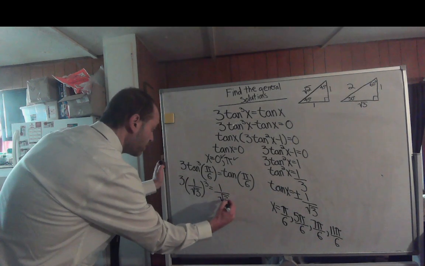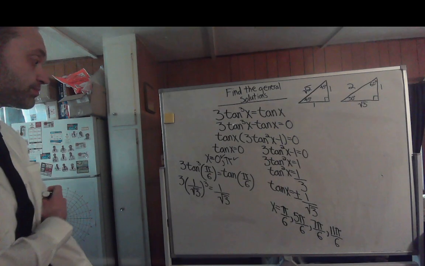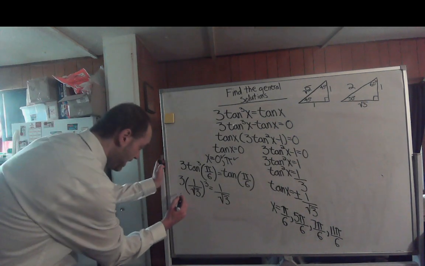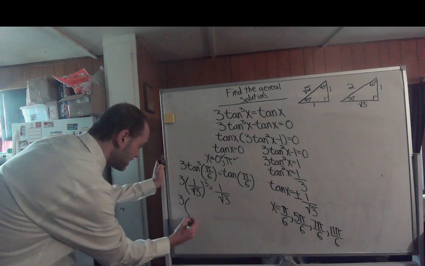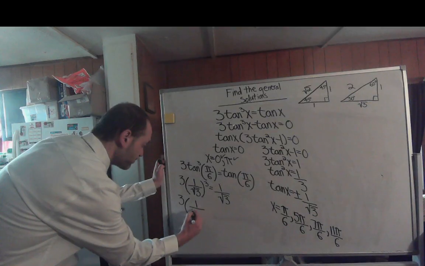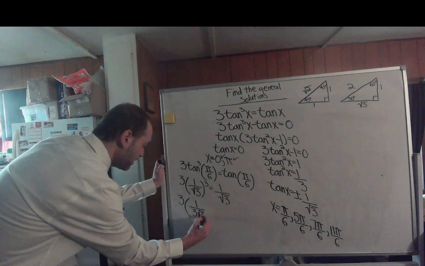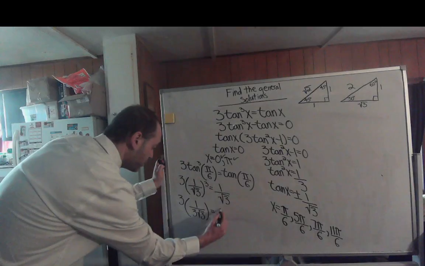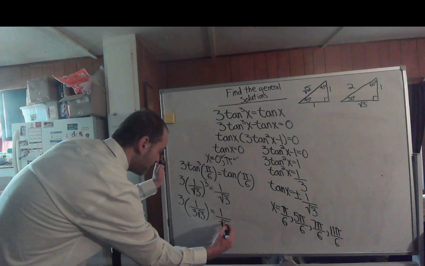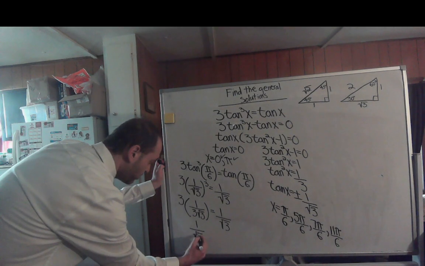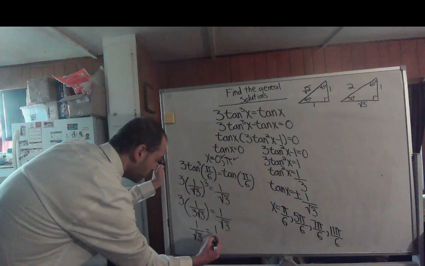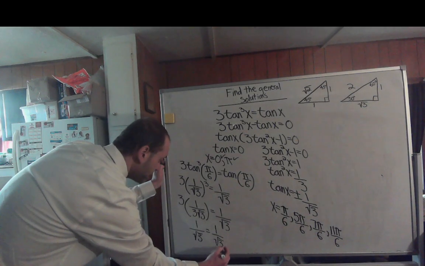Alright, well, so how about then that 1 over square root of 3 cubed? That'd be 3 times 1 over 3 times the square root of 3 would equal 1 over the square root of 3, which actually you would get the left side equals the right. 1 over the square root of 3 equals 1 over the square root of 3.